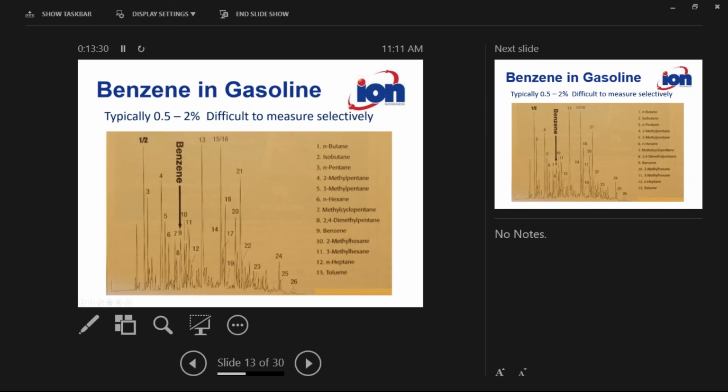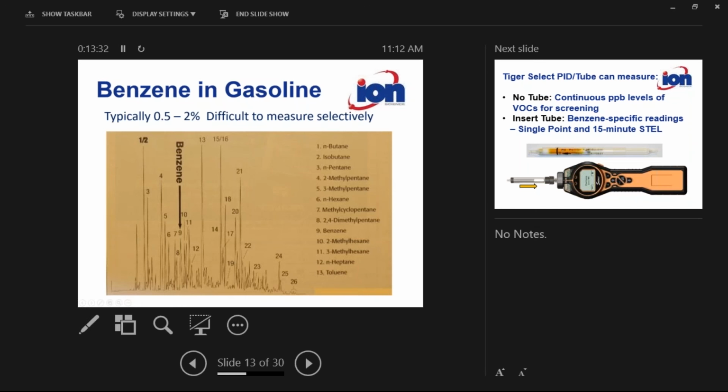This slide illustrates how difficult that could be. Here's a gas chromatogram of a typical gasoline containing all these components. There's typically some 300 components in it, and this one small peak right here is the benzene, maybe, like I said, 1% or so of the total.